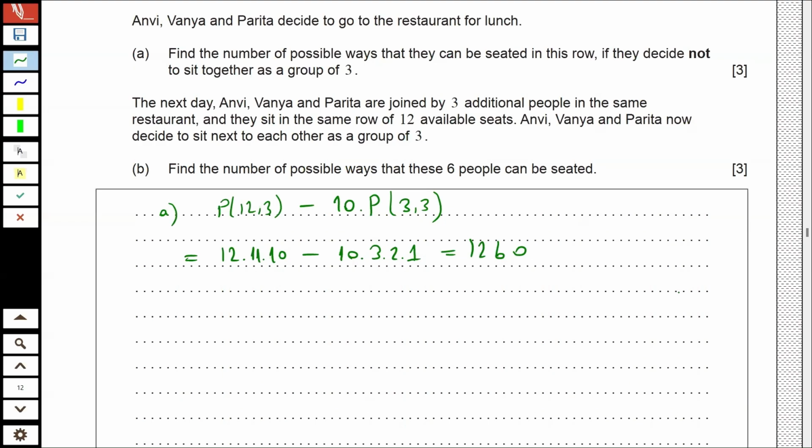The other question is: the next day, Henry, Wanya, and Parita are joined by three additional people in the same restaurant, and they sit in the same row of 12 available seats. Henry, Wanya, and Parita now decide to sit next to each other as a group of three. Find the number of possible ways that these six people can be seated.